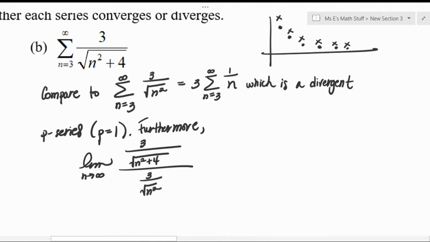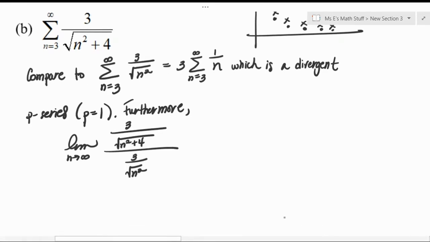Up to you whether you like the simplified one or the pre-simplified one. For this particular one, I like the pre-simplified one, and here's why. Let's flip and multiply. The 3's will cancel out, so we'd end up with the limit as n approaches infinity of square root of n squared, which, yes, is just n, over square root of n squared plus 4.